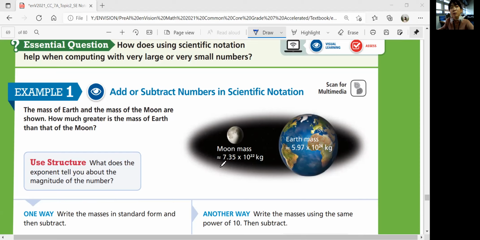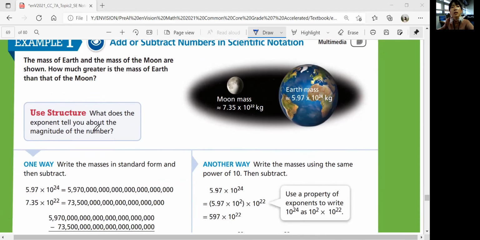So what does the exponent tell you about the magnitude of the number? Which one is greater? Obviously the bigger exponent gives the greater number, because if we're multiplying by 100 times more, then that would be greater no matter what the first number is. So the Earth's mass is going to be bigger.